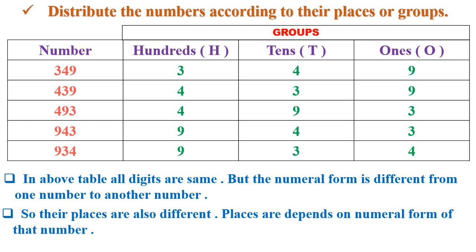Numeral form means what? The number. So the places all depend on the numbers: which number we write down in the hundreds place, which number we write down in the tens place, and which number we write down in the ones place.